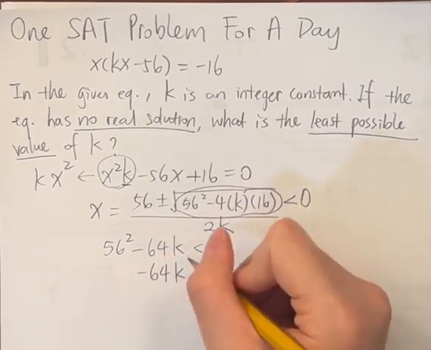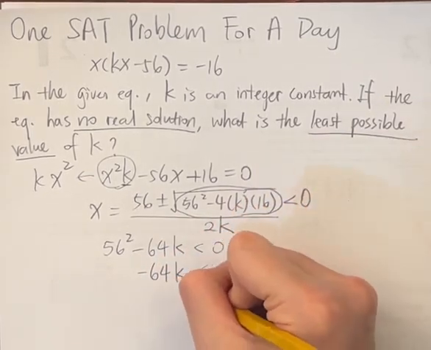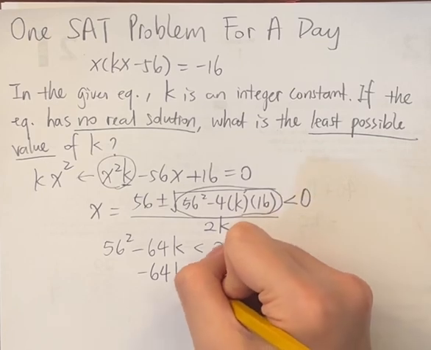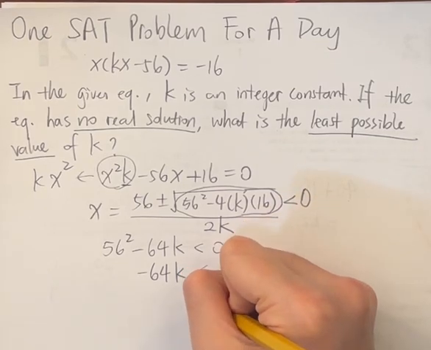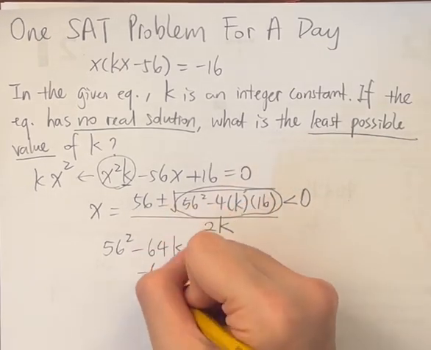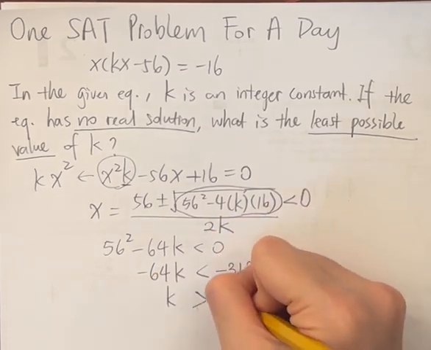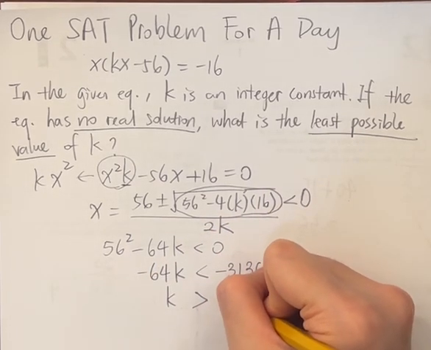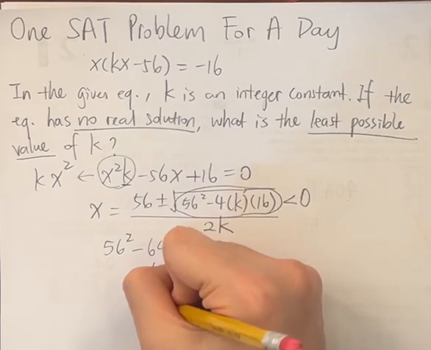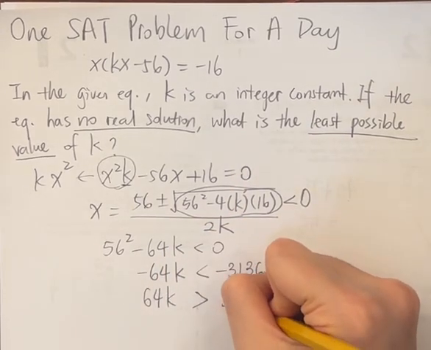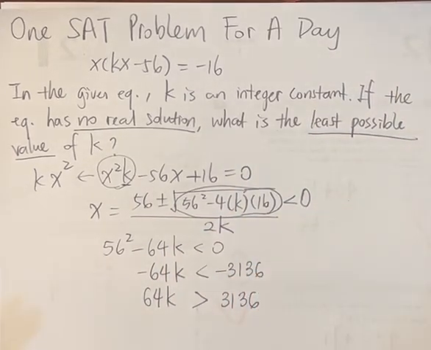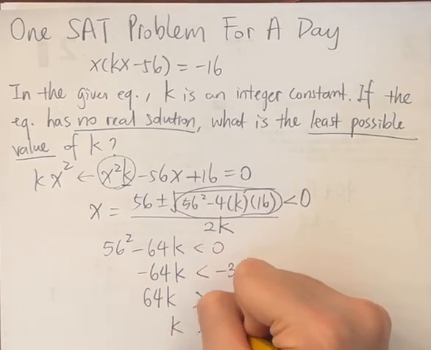So when you divide by negative 64 on both sides, you have to change the sign from facing left to facing right. Then it yields negative 64k is greater than negative 3136, and then k is greater than 49.